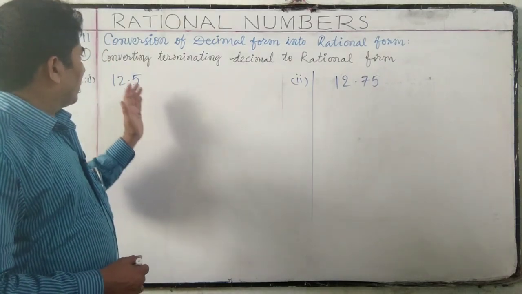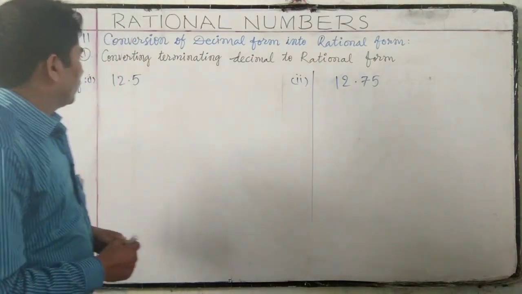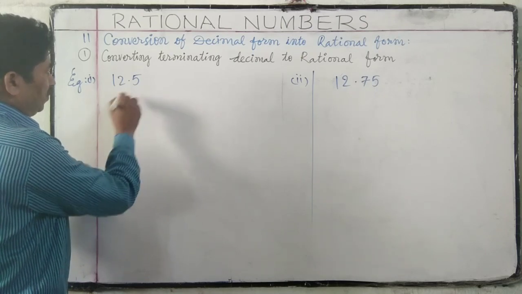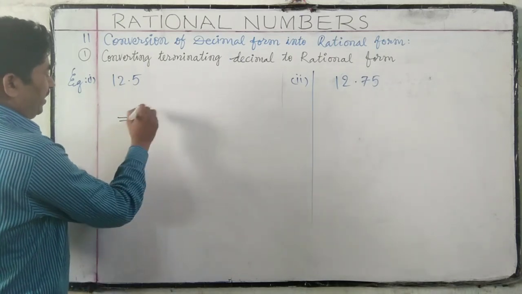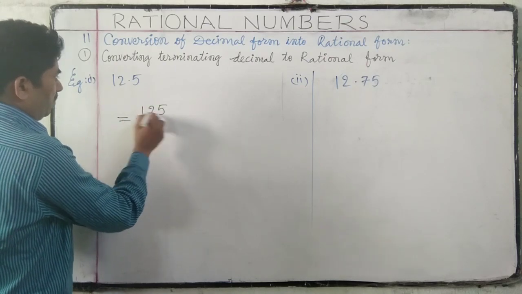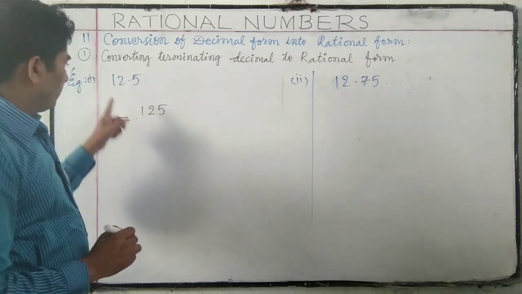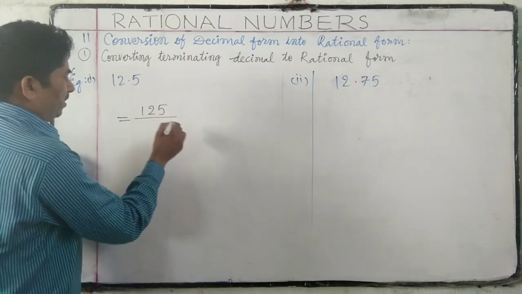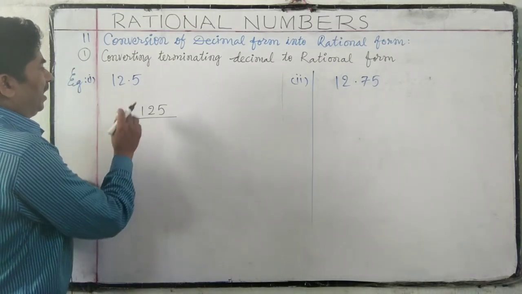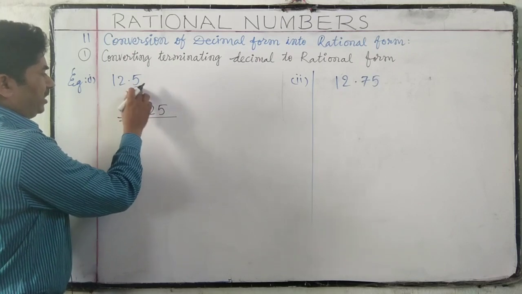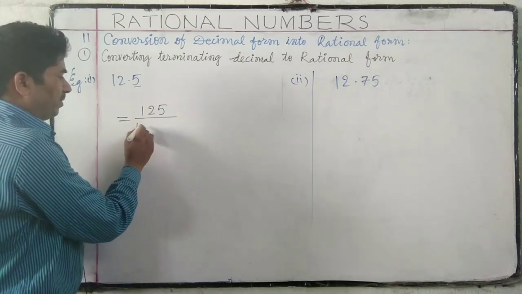To convert a decimal fraction to rational form, first we have to write the given number without the decimal in the numerator, 125, and write 1 in the denominator, and as many zeros as there are in the decimal part, we have to write after 1.